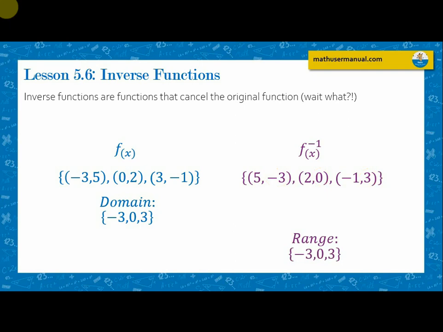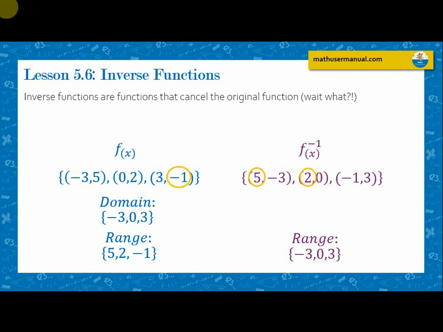Now let's analyze the y coordinates of f of x. We have 5 as the first y coordinate, 2 as the second y coordinate, -1 as the third y coordinate. So the range is 5, 2, and -1. But the first y coordinate, that's 5, is the same as the first x coordinate in f inverse of x. The second y coordinate, which is 2 in f of x, is the second x coordinate in f inverse of x.